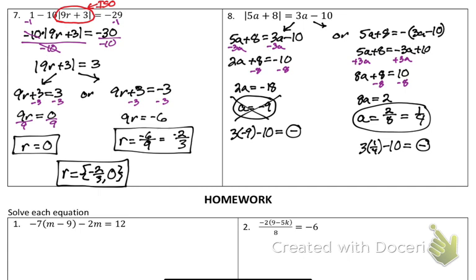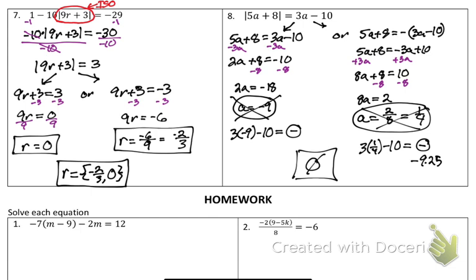Can someone tell me what decimal that would be? Did anyone plug it in? 9.25. So this is in fact a negative 9.25. I guess I could have done that because it's just 3/4. So this one also doesn't work. So this is no solutions. There is no solutions on there.